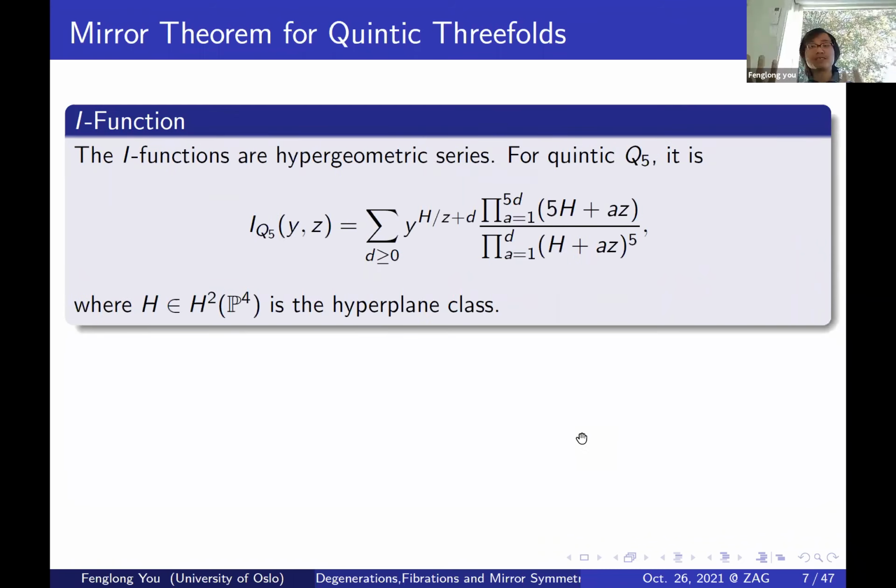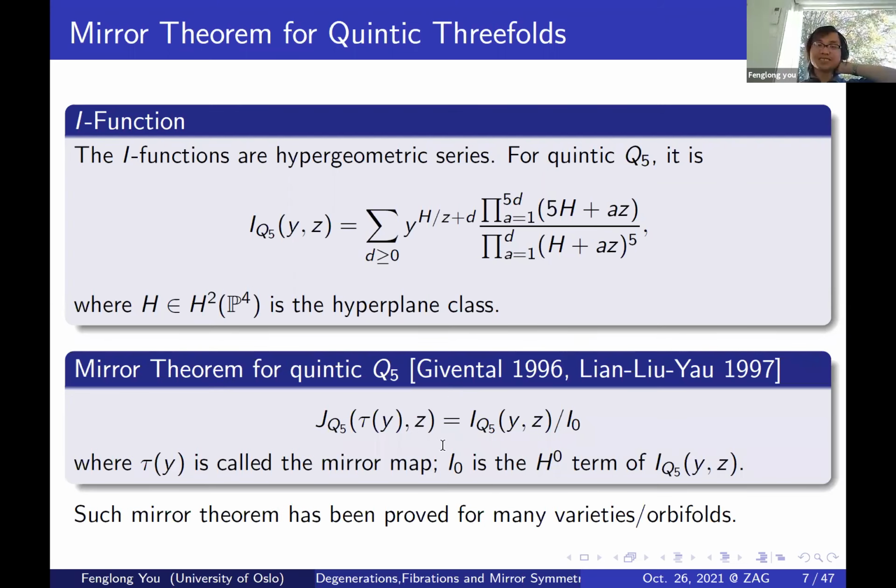and that's related to some hypergeometric series. For quintic threefold, the I function is a hypergeometric series. It looks like this. It's much easier to compute. So we can use mirror symmetry to compute Gromov-Witten invariants because this function here is more elementary.